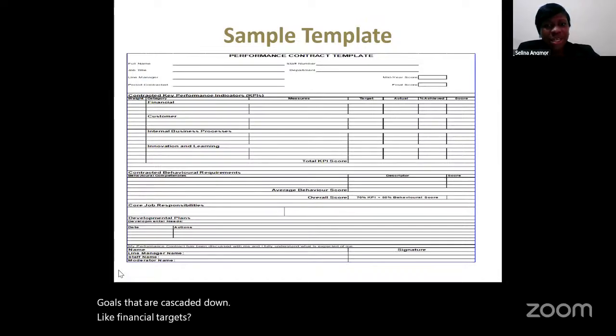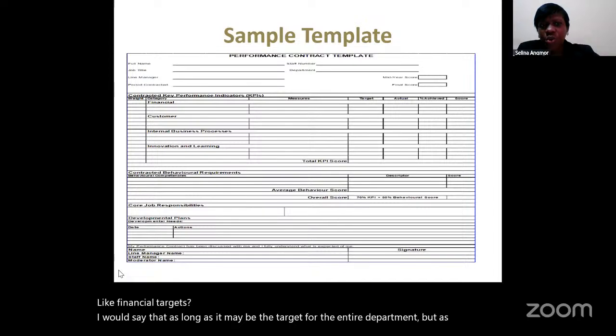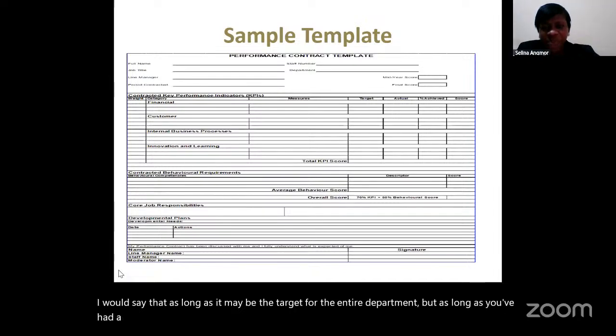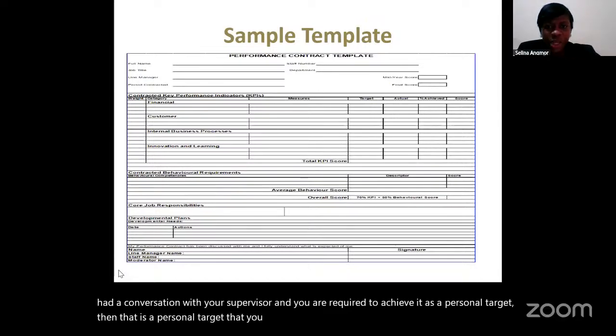I would say that it may be the target for the entire department, but as long as you've had a conversation with your supervisor and you are required to achieve it as a personal target, then that is a personal target that you should strive to achieve. It is possible for your supervisor to indicate group targets.